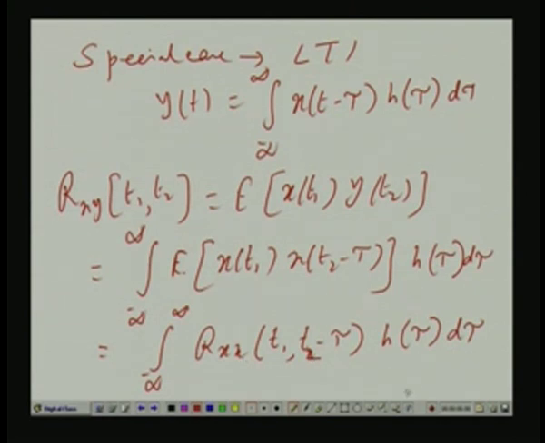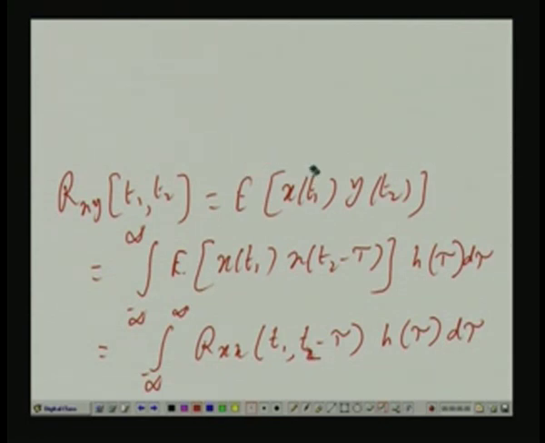That means you can write that this is equal to L of R x x t 1 comma t 2, and I write t 2 here.